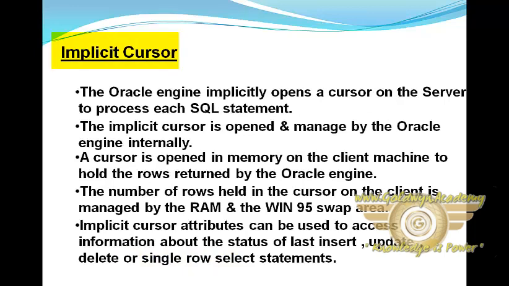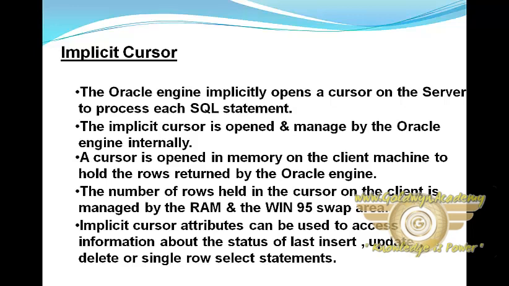The implicit cursor. The Oracle engine implicitly opens a cursor on the server to process each SQL statement. The implicit cursor is opened and managed by the Oracle engine internally. A cursor is opened in memory on the client machine to hold the rows written by the Oracle engine.